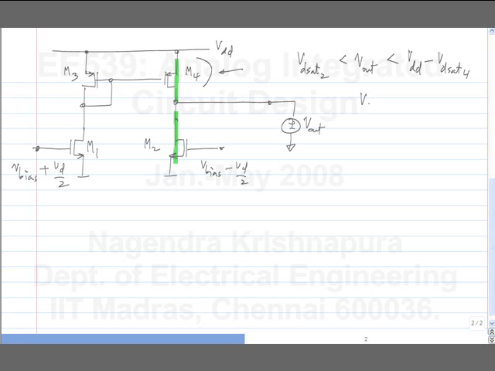What is VD sat 2? It's nothing but V bias minus VT2 or VT1. Okay. And what is VD sat 4? What is VD sat 4 in terms of VD sat 2? Yeah, I would rather not express in terms of small signal quantities because this is a large signal, although the answer is correct. That's what you get. The same current is flowing through M1 and M3, right, as through M2 and M4 also.